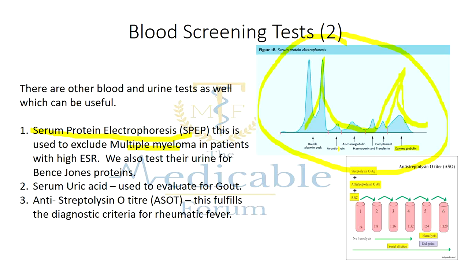Normally you don't see the M spike. Serum uric acid is used to evaluate for gout. ASOT, antistreptolysin O titer, fulfills the diagnostic criteria for rheumatic fever.